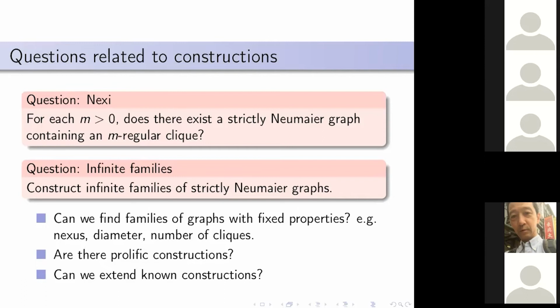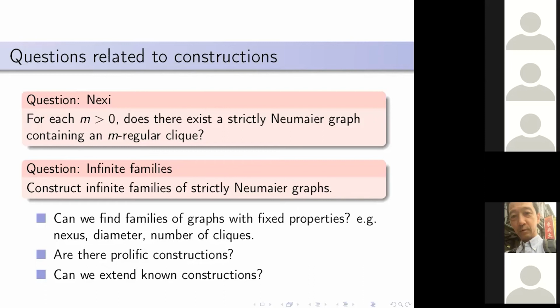When looking for constructions, we might want to find graphs with fixed properties, for example, a fixed nexus, although we already have plenty with fixed nexus 1. And we might want to also find graphs with fixed diameter, although I think the only interesting case there would be diameter 3, which is the largest diameter such a graph can have.